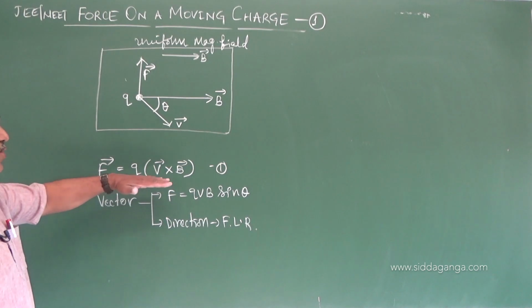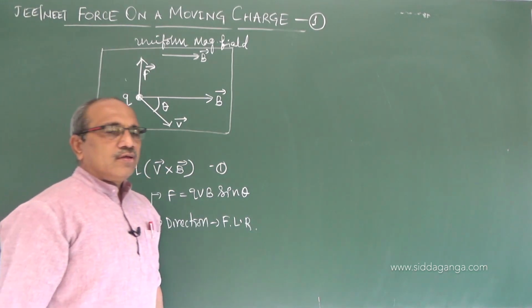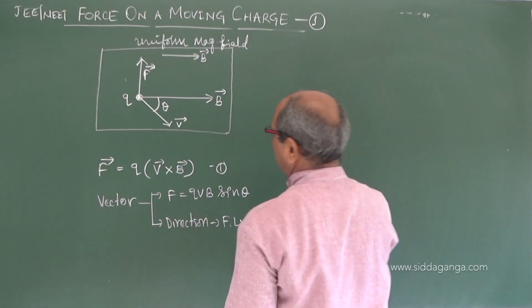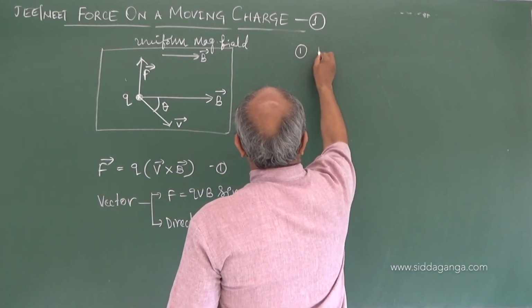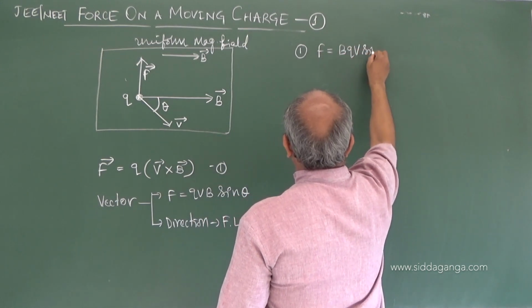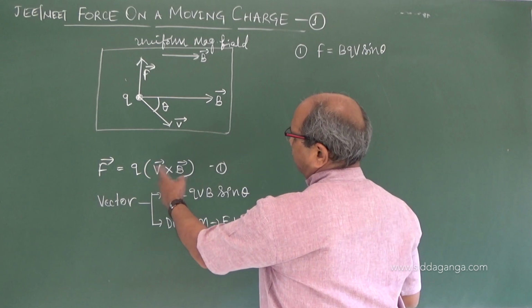This is the force it experiences. Why it experiences it, I will tell later. Just consider the case here. I can write the magnitude as BQV sin theta. It is a cross product of two vectors.